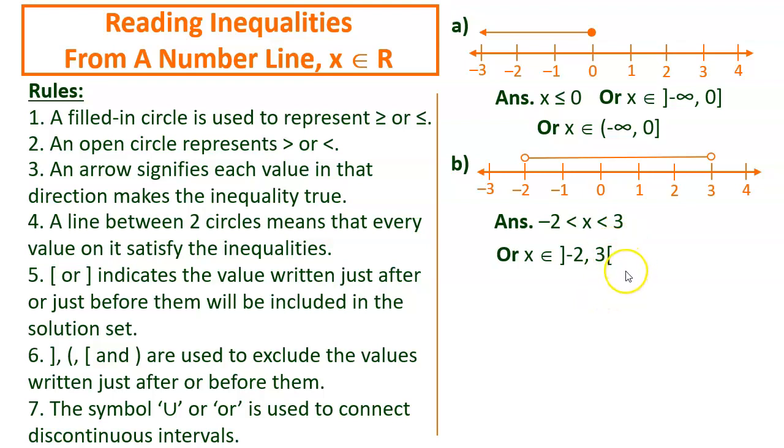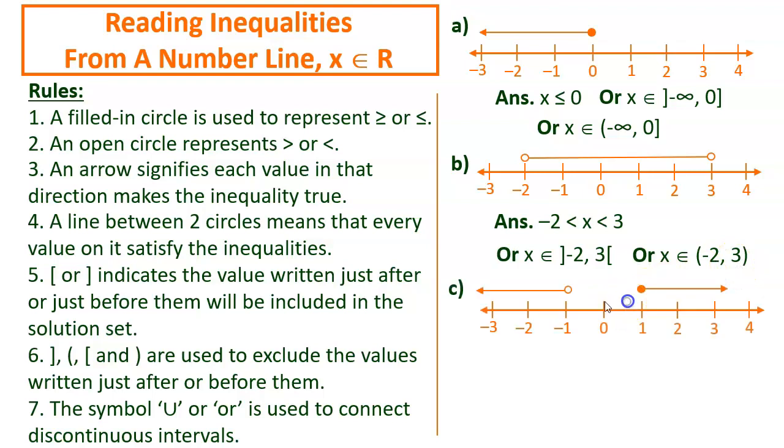But for these, you have to have two values, the two extreme points. And the third type is x belongs to -2, +3, with a pair of parentheses. This also means the same, these two values will not be included.